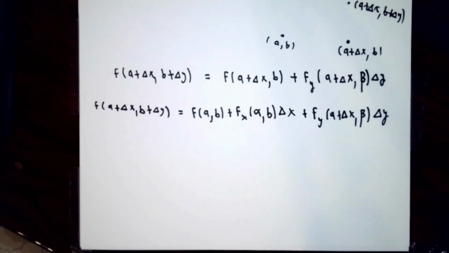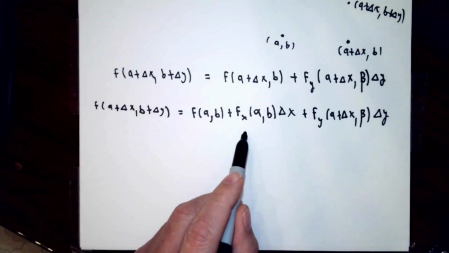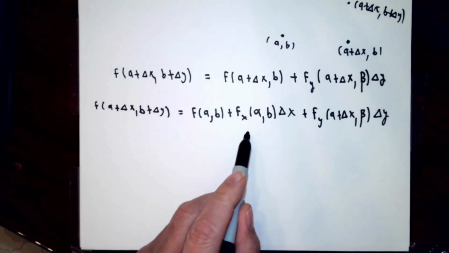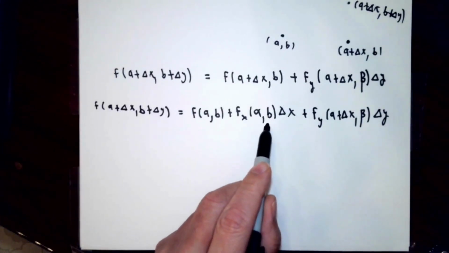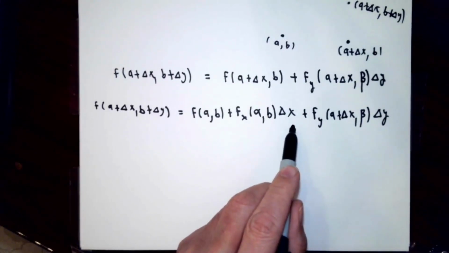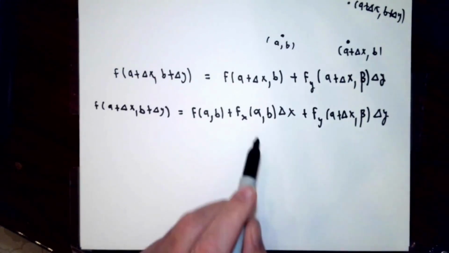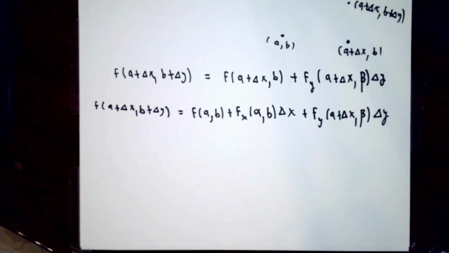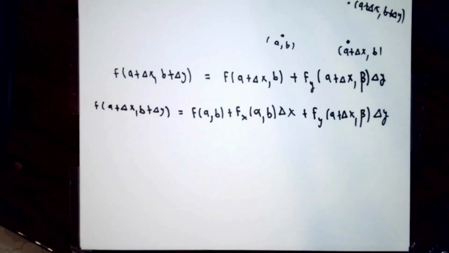F at a plus delta x, b plus delta y is the function value at ab plus the partial derivative of f with respect to x evaluated at x equal alpha, y equal b times delta x plus the term that we had before. In this case, alpha is some number that's between a and a plus delta x, as beta is between b and b plus delta y.